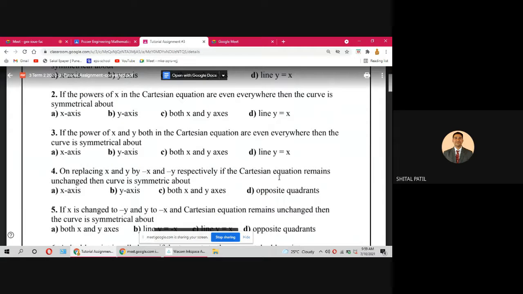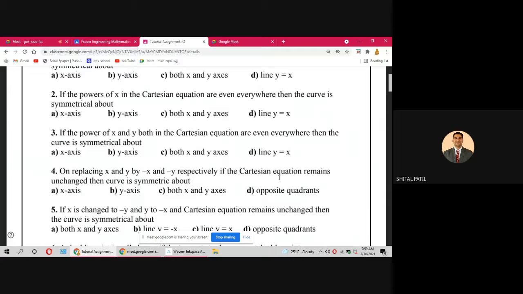Okay. Question number 4. On replacing x by minus x and y by minus y, the curve remains unchanged. The curve is symmetric about what? Here x and y are replaced by minus x and minus y, so x equal to minus x and y equal to minus y.